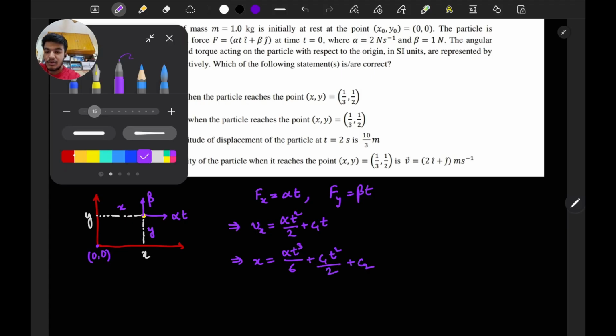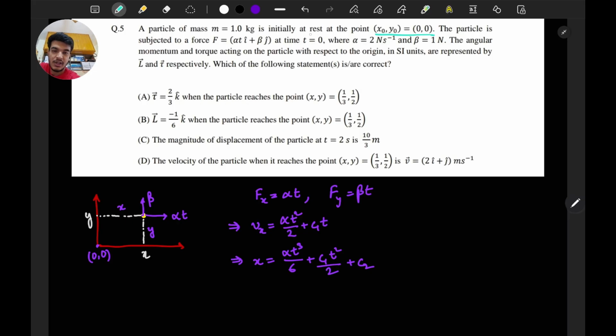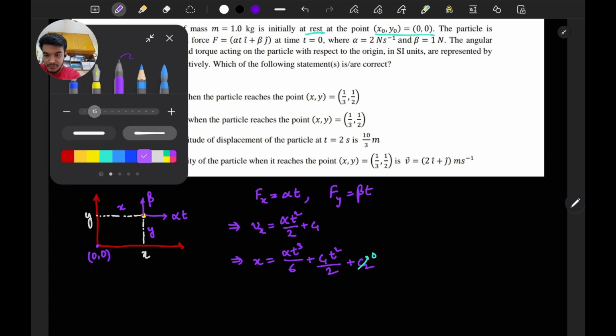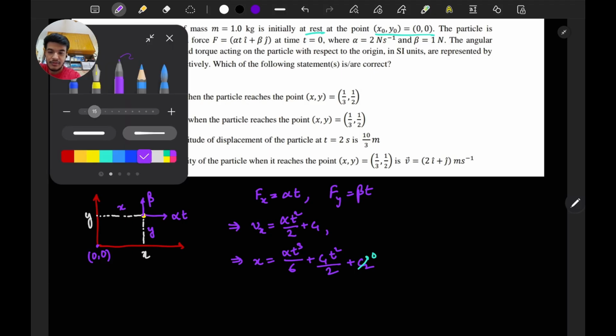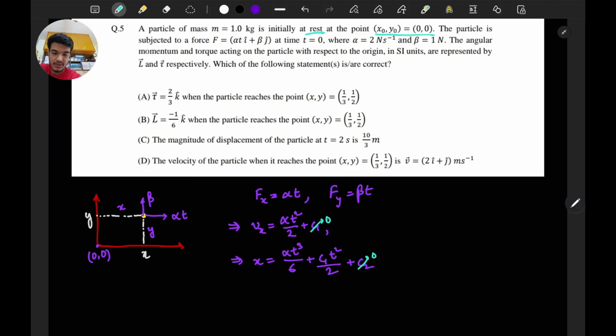Now you have some initial conditions: it was at rest at the origin. So at t equal to 0, x was 0, so c2 is 0, and at t equal to 0, vx was also 0, so basically c1 is also 0.